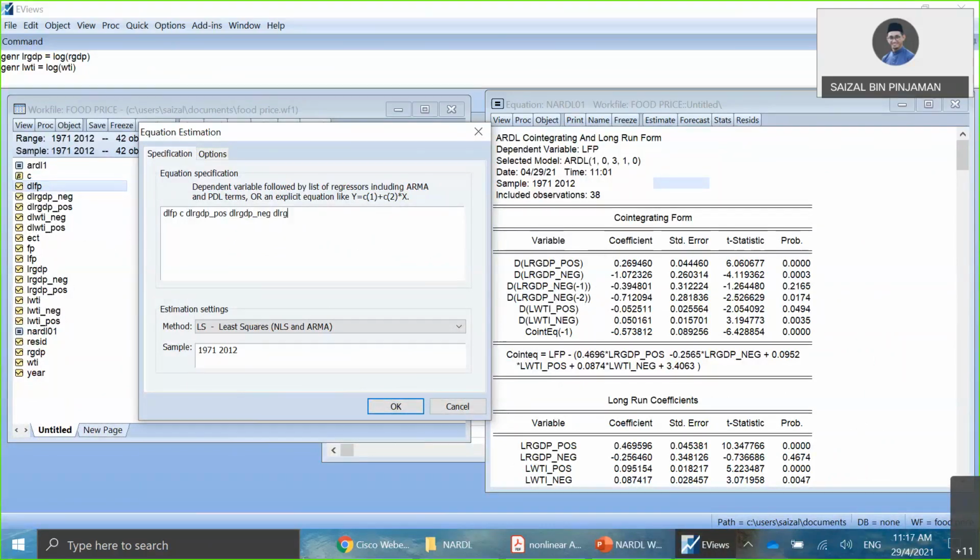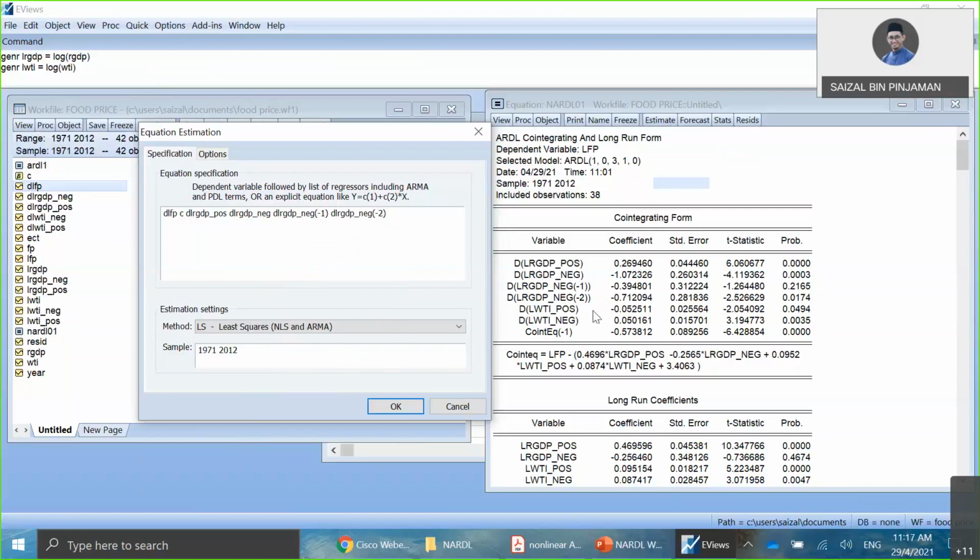So DLRGDP, this is for the negative LRGDP -1, and the LRGDP negative in lag 2.